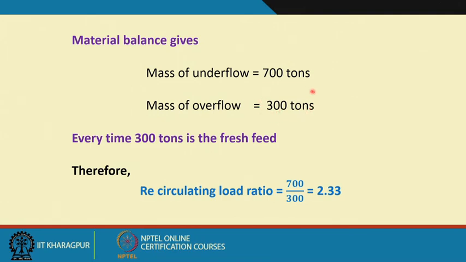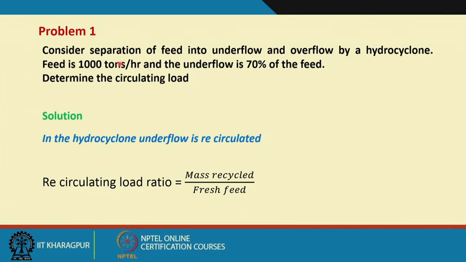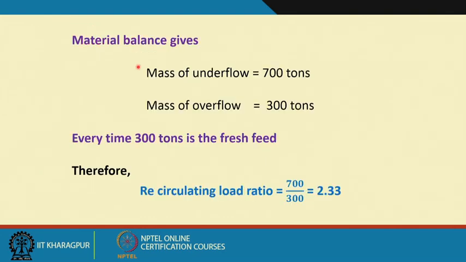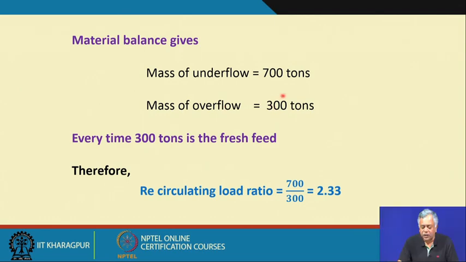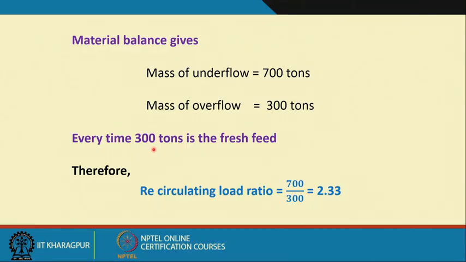Those 300 tons are taken out from the circuit on an hourly basis, so every hour we are taking out 300 tons of material from the circuit. Now, to maintain that 1000 tons, 300 tons per hour has to be the fresh feed.